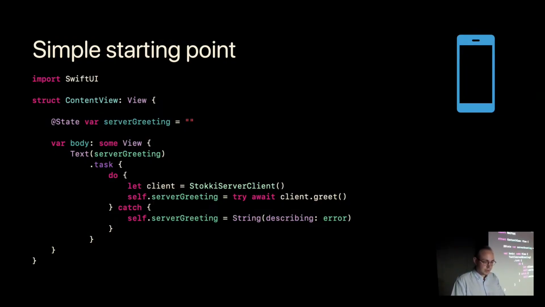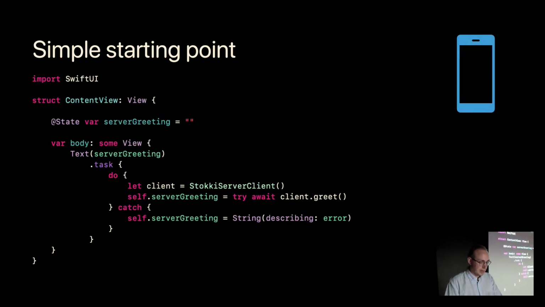So we're going to have an asynchronous task. We create a new server client, call the server and await the result. And then we update that state based on whatever we get back. Or again, we might show an error message if that didn't go as well.